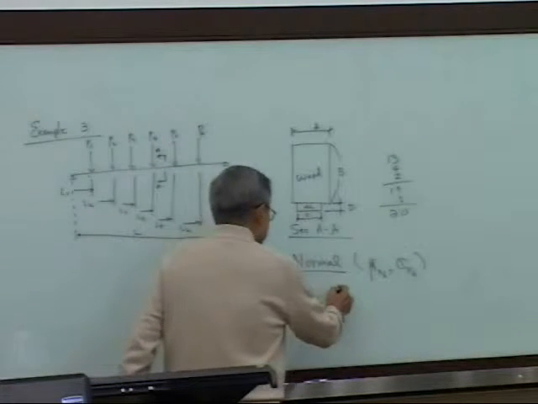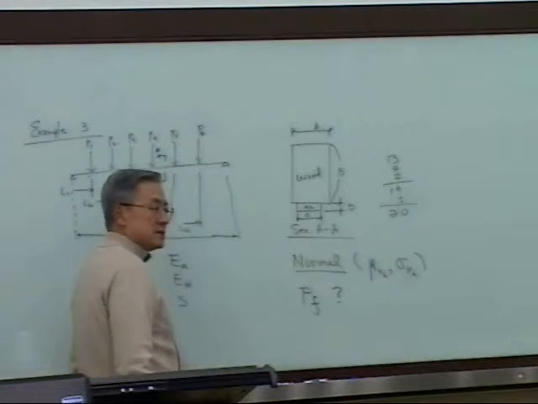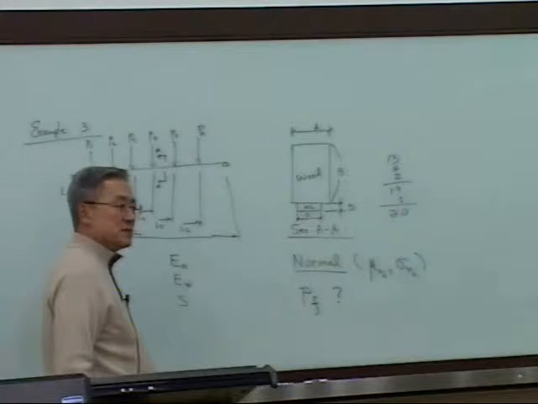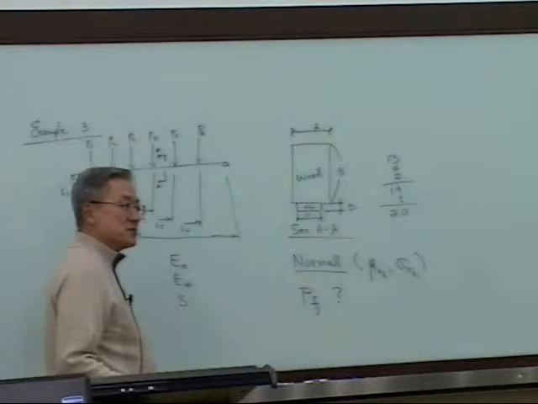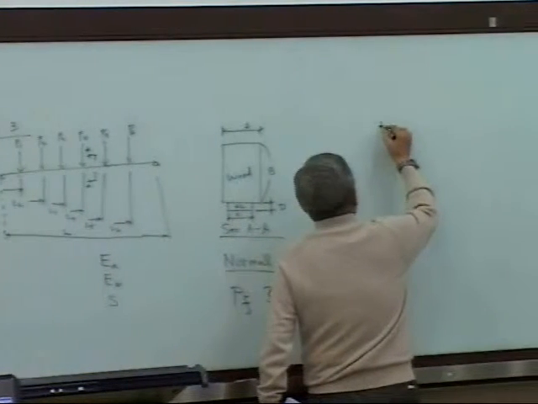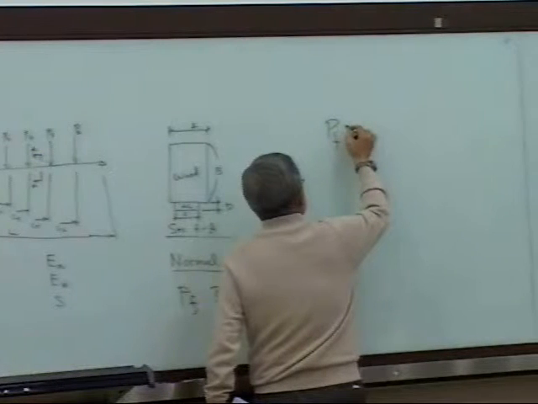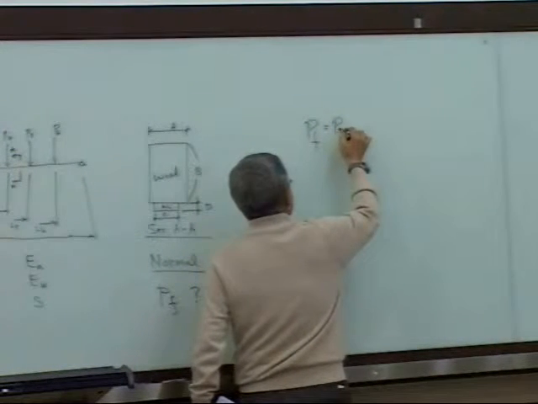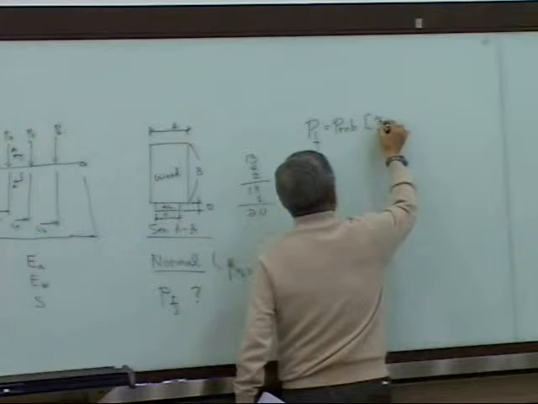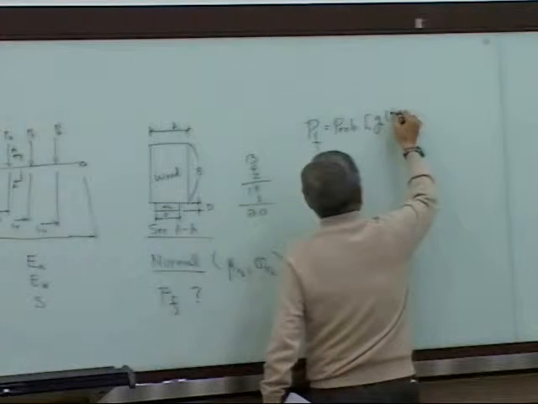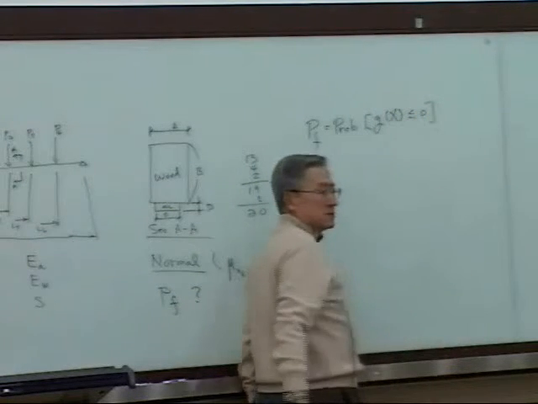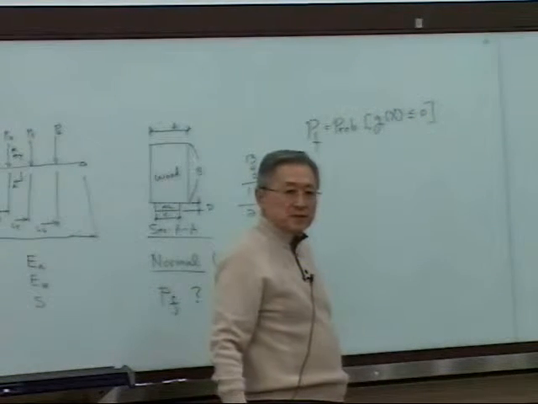Information is given like this. However, you have to define the g function. So PF, you always have to look at a target, right? Probability such that g(x) is less than or equal to 0. That's the format that we are using.